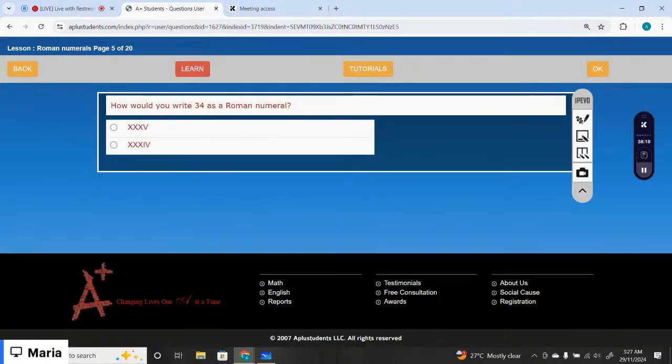How would you write 34 as a Roman numeral? So which is the correct option?